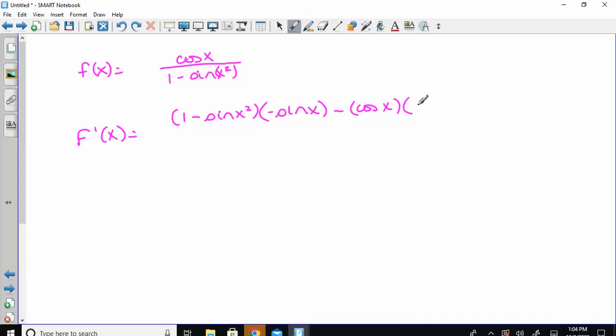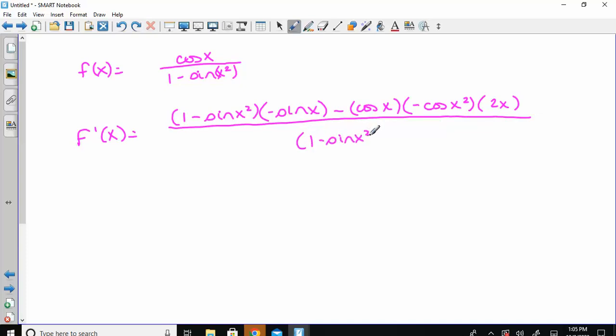All right, on the bottom, derivative of 1 is 0. Minus, derivative of sine is? Angle stays the same, but you have to do a chain rule, so times derivative of the inside. What is the derivative of x squared? 2x. Over low squared.